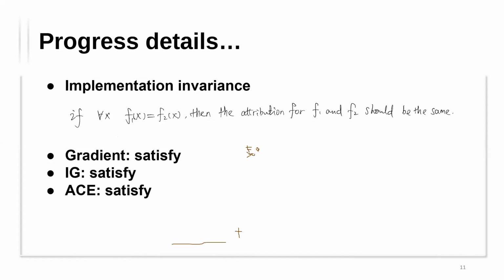Then the attribution method for f1 and f2 should be the same. That is implementation invariance. And all those three methods satisfy this property. When I read the paper, it says only in those situations where the gradient is not continuous, then this property will not be satisfied.